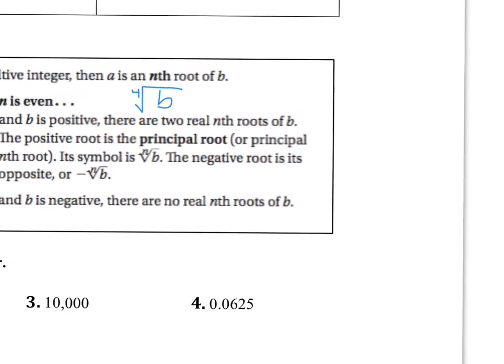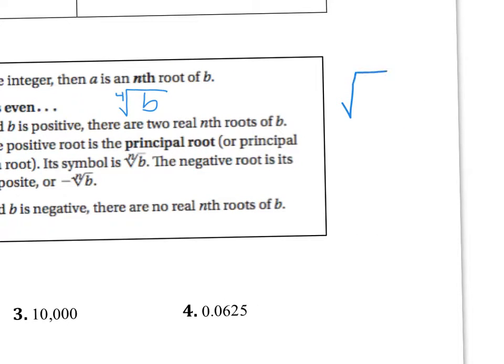Just by way of example, what is the square root of 100? Because there is a hidden 2 right there, we say square root, but this is the only one that has a radical symbol with no number, because it's implied that that's a 2 there. So what's the square root of 100? Well, the actual answer is 10. That's the principal root.